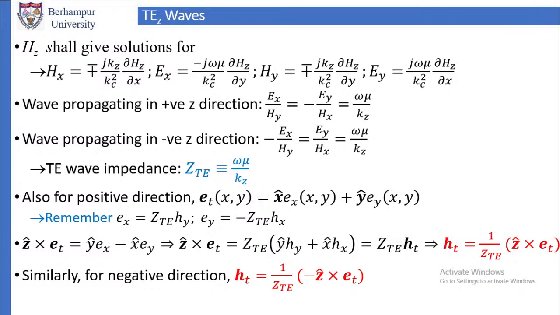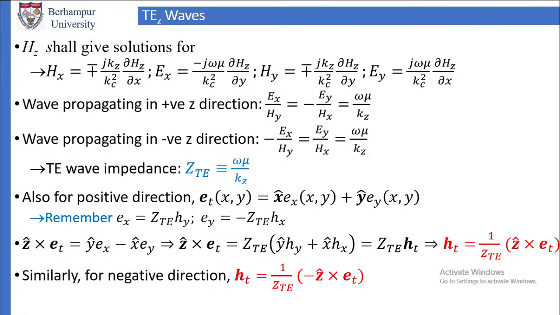That implies that z cap cross Et is equal to ZTE, let me take common, then y cap Hy, because Ex is equal to ZTE Hy, plus x cap Hx, because Ey is equal to minus ZTE Hx. So you get ZTE into y cap Hy plus x cap Hx.